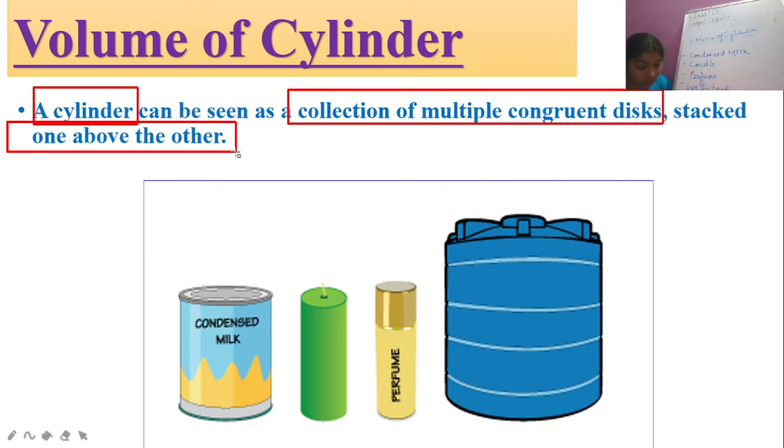So if we have these kinds of circles, I have some colorful tapes. If I arrange the tapes one on another, do we get the shape of a cylinder?